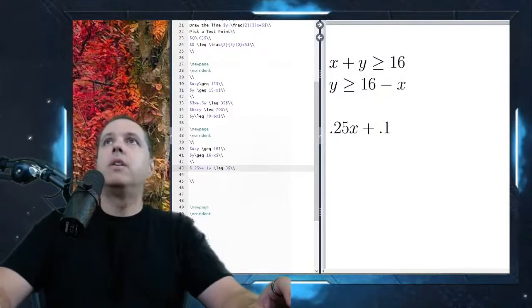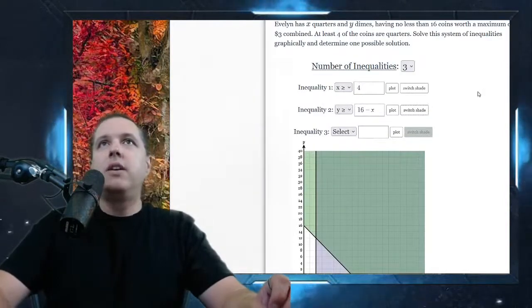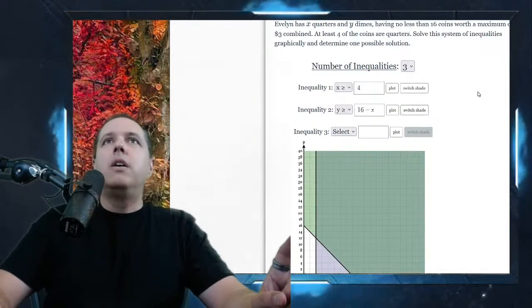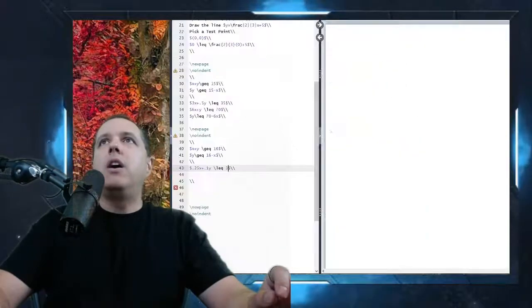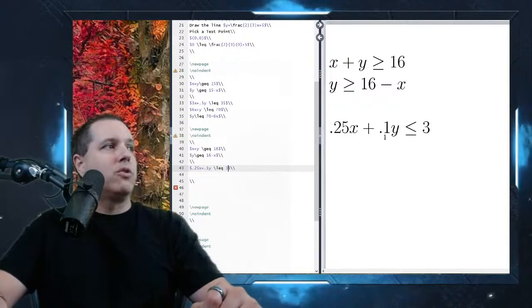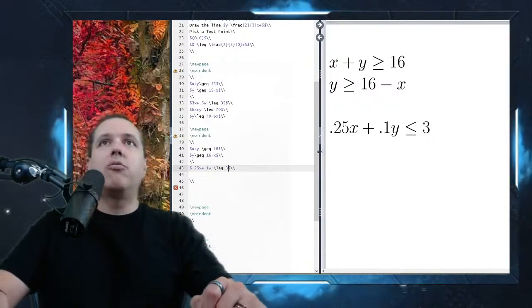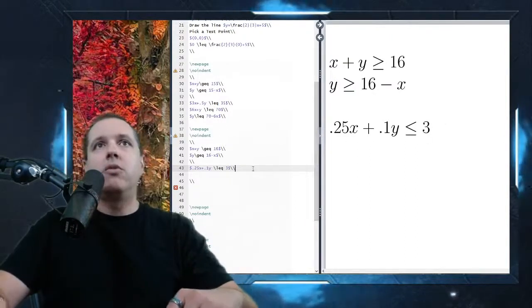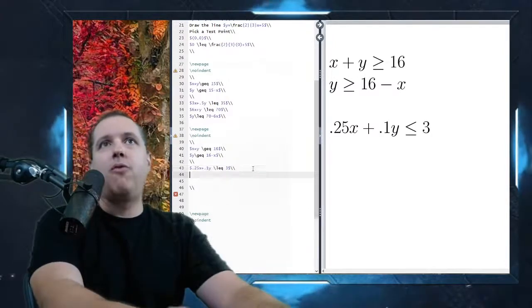Is that right? Let's see if I did that right. A maximum of $3. Okay, so everything has to be less than or equal to 3. So here's her money from quarters. Here's her money from dimes. Has to be less than or equal to 3. Okay, so in order to solve this, why don't we just multiply everything by 4?